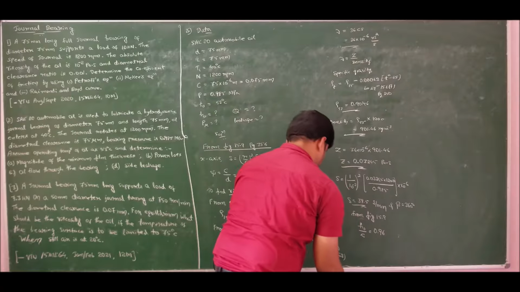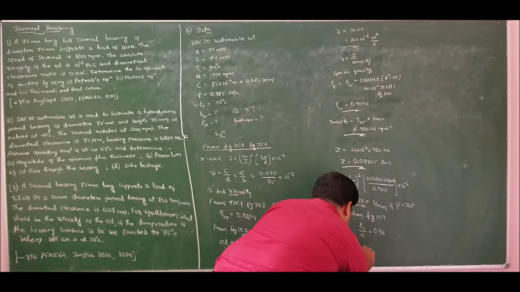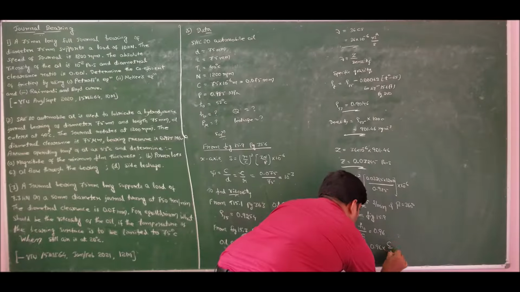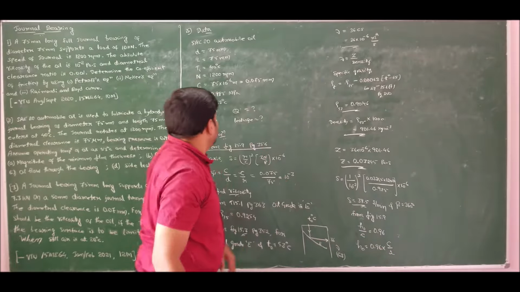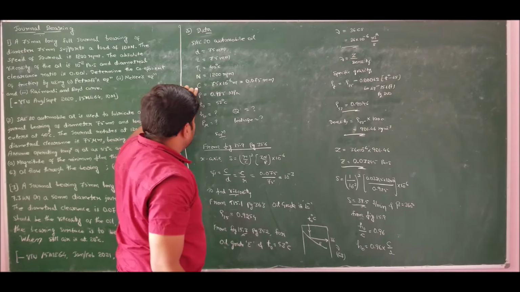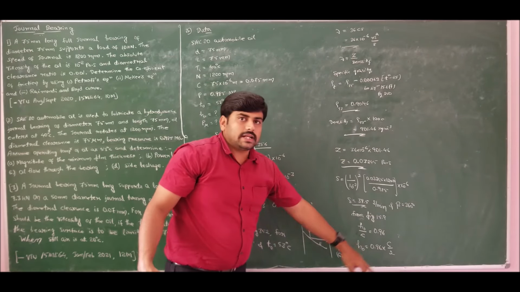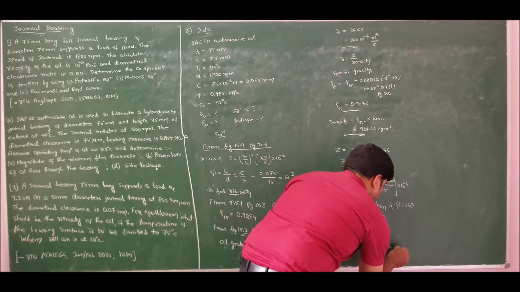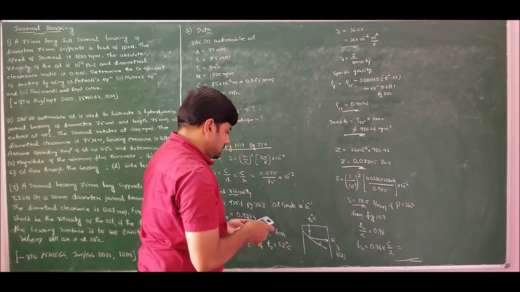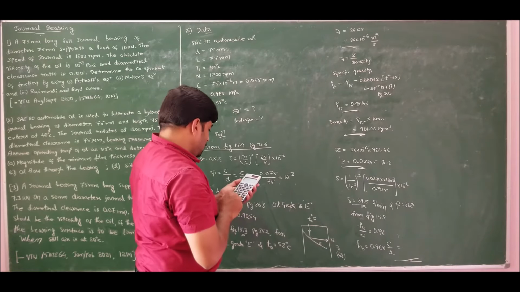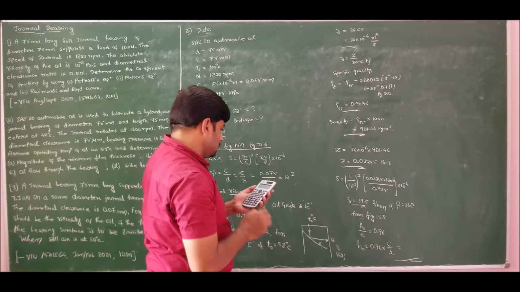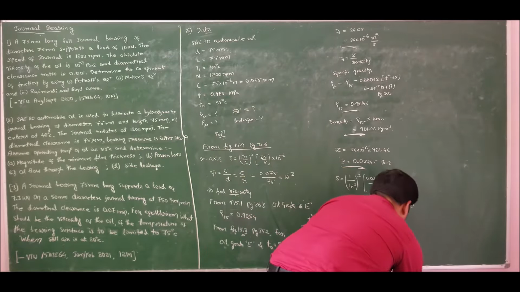But what he has given is the diametrical clearance, and the radial clearance is the diametrical clearance divided by 2. So H0 is equal to 0.96 into diametrical clearance by 2. If I substitute and solve, I get the minimum oil thickness as 0.96 into 0.075 by 2, which is nothing but 0.036 mm.